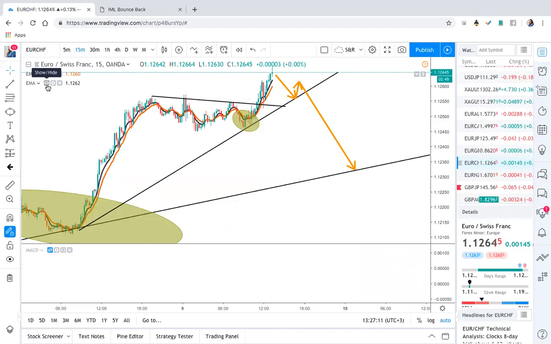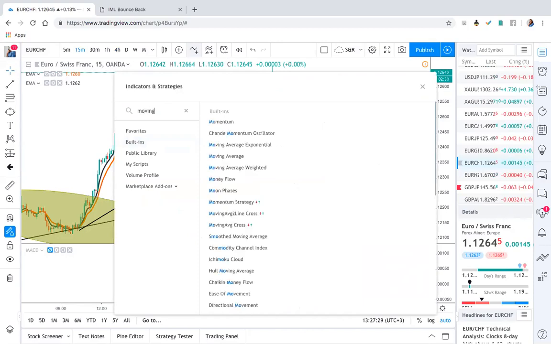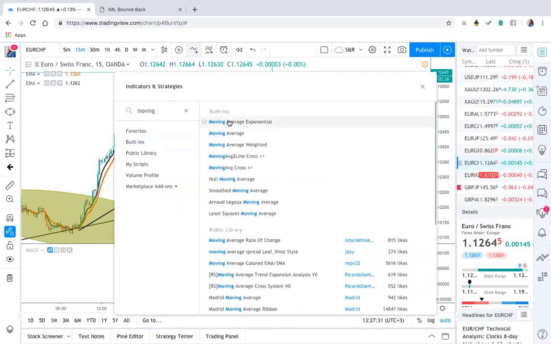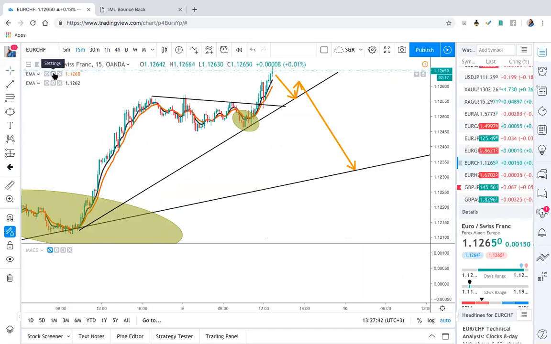And one thing that I would have explained to the team is using the 5 and the 9 exponential moving average. So all you need to do is go to indicators and type in moving average, and you're going to see it there, moving average exponential. All you need to do is click on it twice, and then it's going to be over here on the top left hand corner, and go to settings.